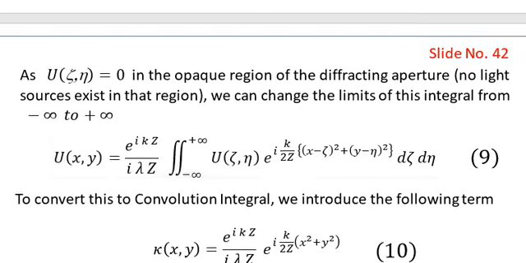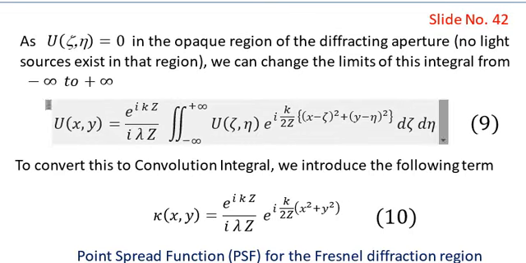But you know that in equation number 9 we have included the clear aperture as well as the opaque aperture. That's why we have extended the limit from minus infinity to plus infinity. And you know that in the opaque region, when we derived the Sommerfeld diffraction formula 1, we used that u is equal to 0 in that region, and the partial derivative of u was not 0, but the u was 0 itself.